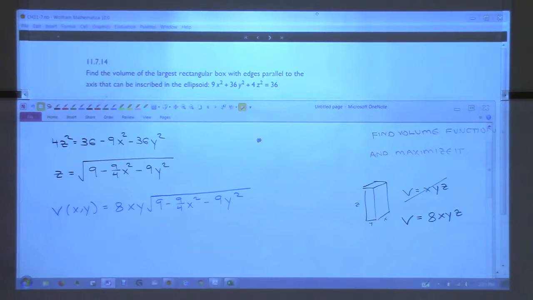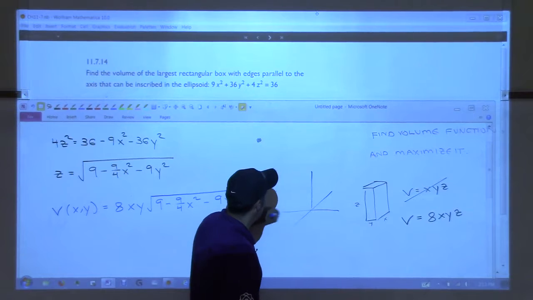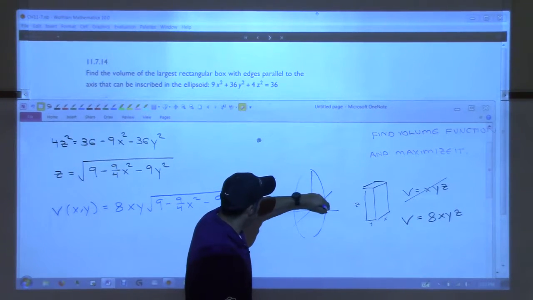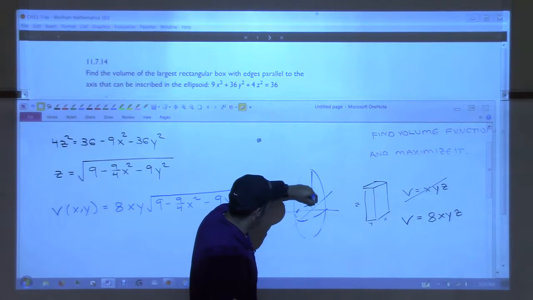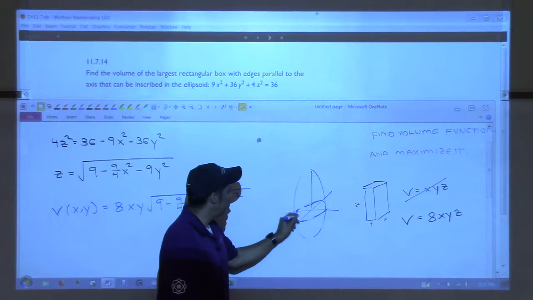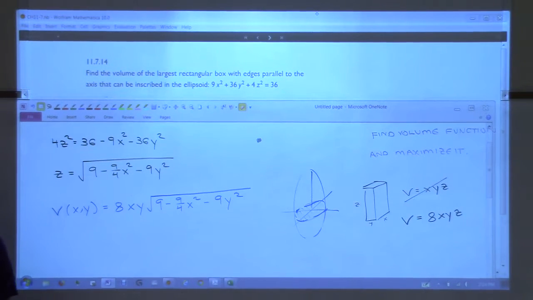We're closed bounded because that ellipsoid, if you look at the xy plane, our x's and y's have to live inside that, don't they? You can't go outside that. So we are on a closed bounded region, and that closed bounded region is an ellipse.